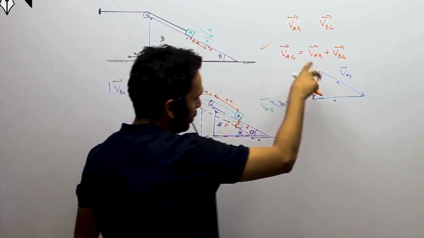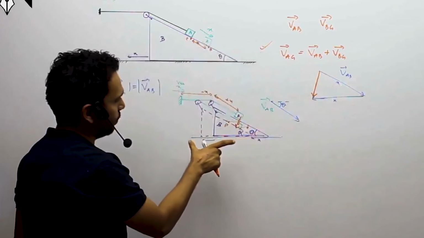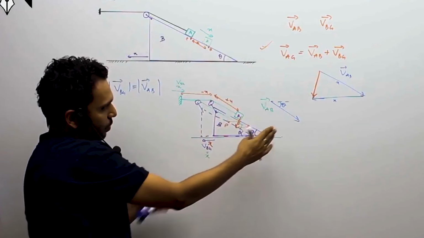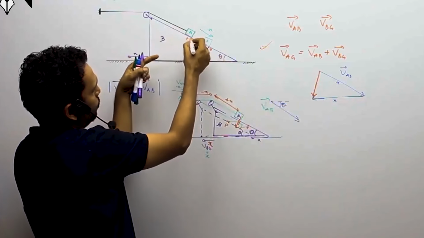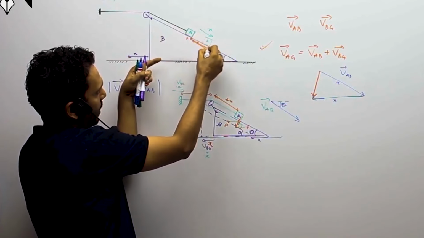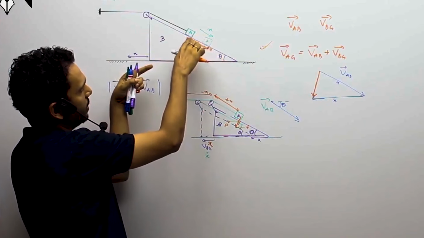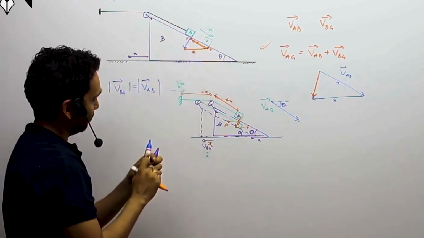By this constraint, it is bound to go back. Why? Because this x is equal to that x. That is what we have seen. If it goes by x, then this goes down by x. But if the body has moved by this x, this point, this A has gone down by x, but the body has moved back by x, this x is going to exceed that line vertically and it is bound to come back.